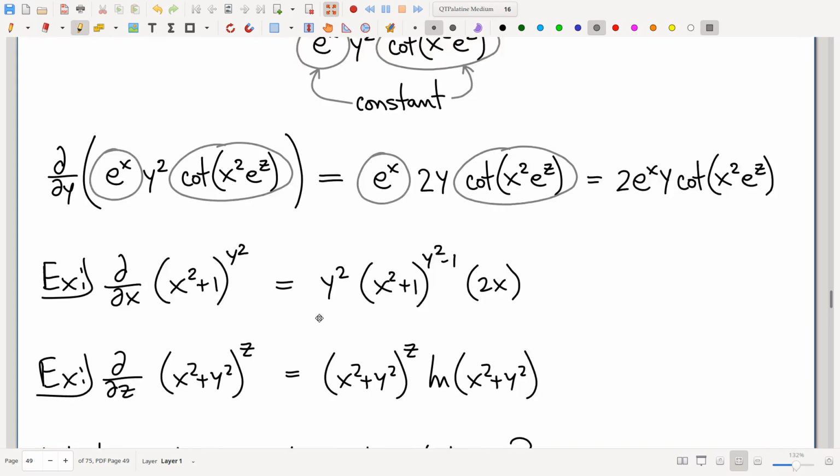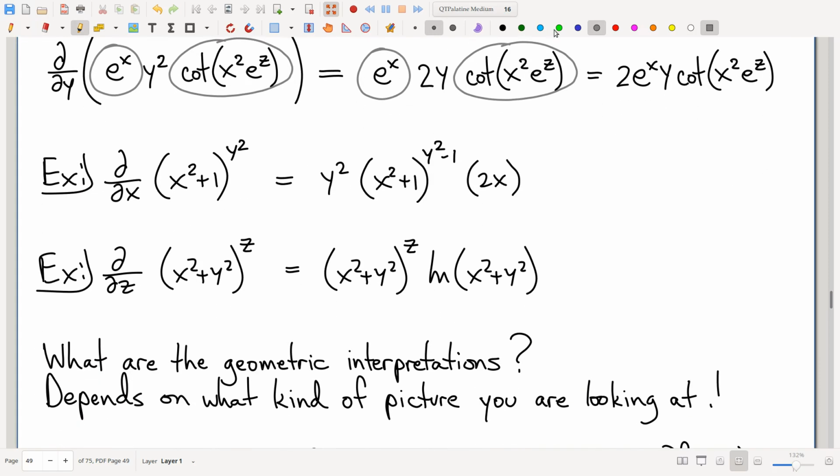All right, a couple of other quickie examples. If you're taking an x partial, well, this looks like a weird function, except for the fact that, of course, y is constant. Therefore, this exponent is constant. Therefore, just power rule. Power rule and chain rule. Old news. Nothing to it. Taking a z partial. Well, that means x is a constant and y is a constant.